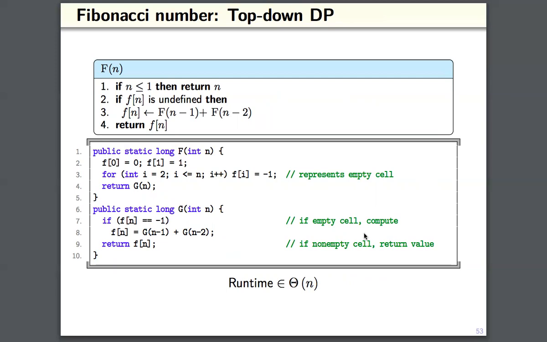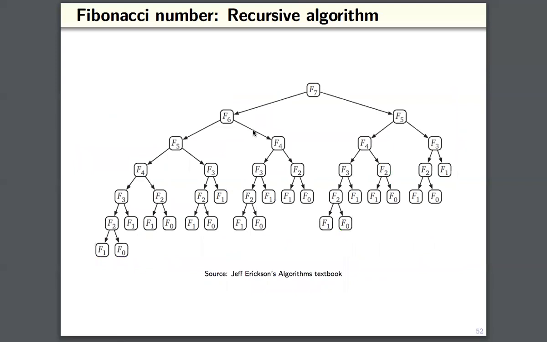See, here is one, top-down dynamic programming, right? We'll just introduce DP here, dynamic programming. So what is dynamic programming? Whenever you have overlapping subproblems. What do you mean by overlapping subproblems?